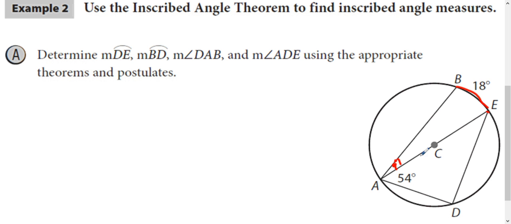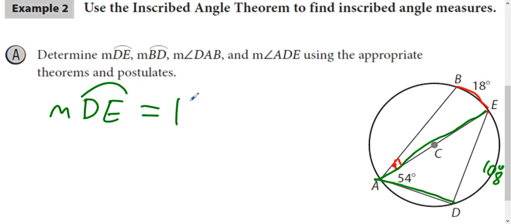Here we have an inscribed angle, 54 degrees. The angle is half the arc. So if that's 54, the arc would be double, 108. Arc DE, yep, measure of arc DE is 108 degrees.